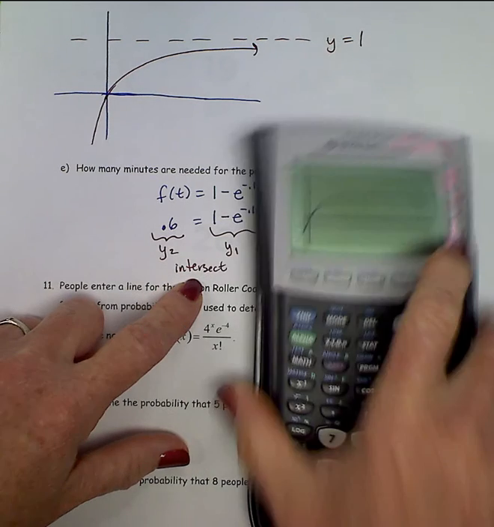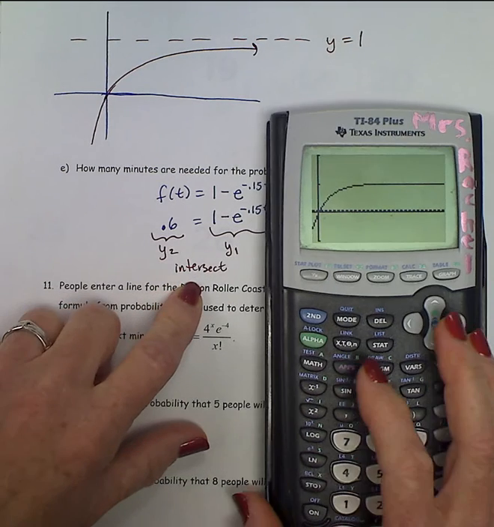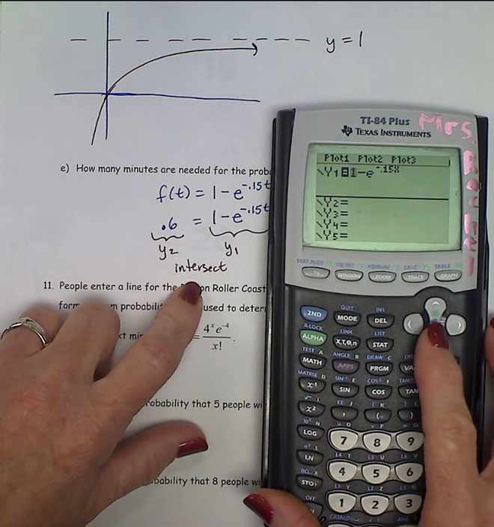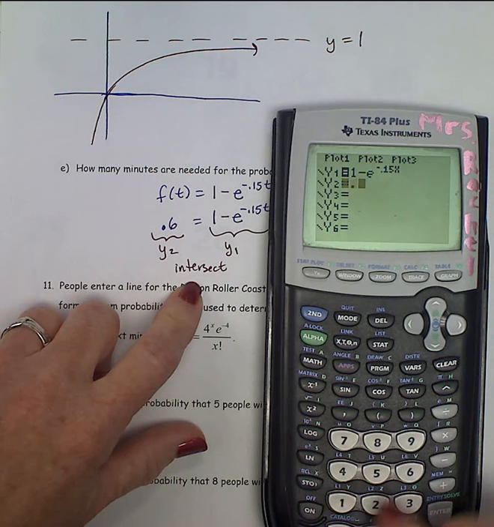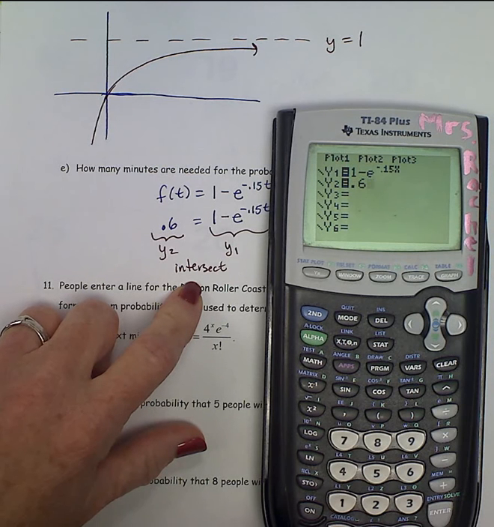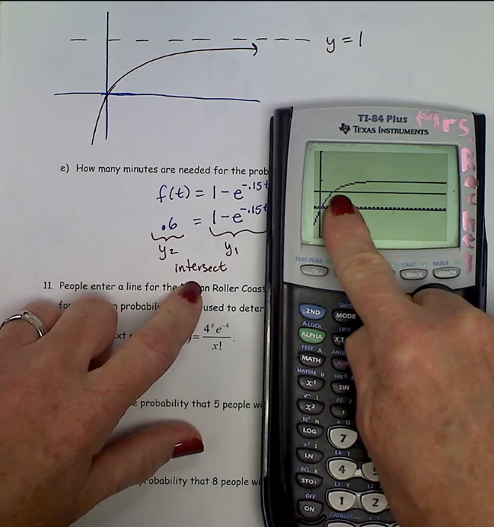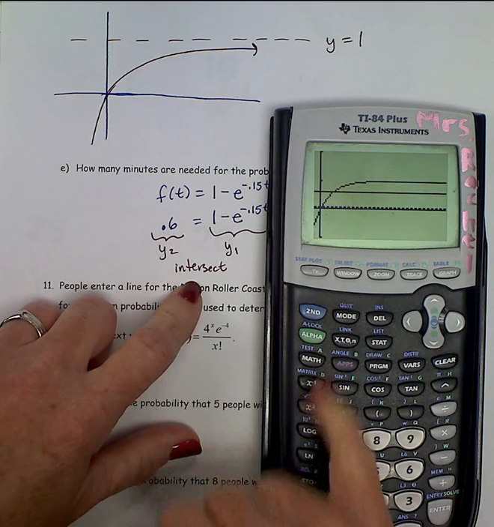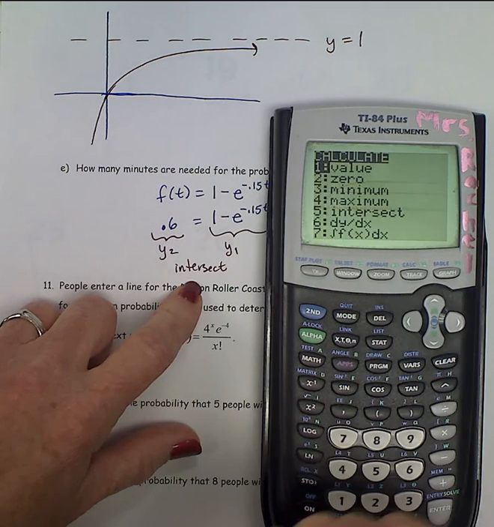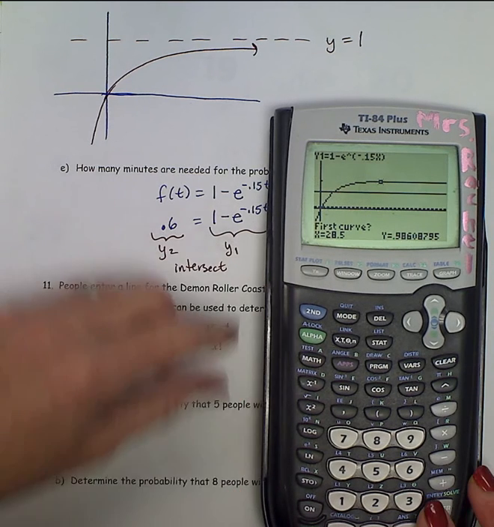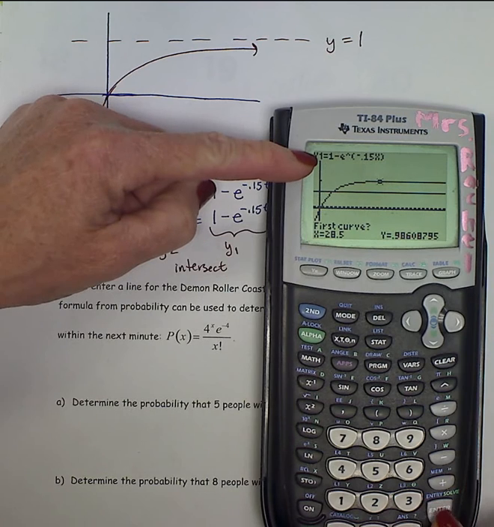So I'll do that with you. y1 is already there. y2, I'm going to put in 0.6. Graph. Intersect. So second, calc, intersect. It asks me for the first curve, which is y1, so I hit enter to say yes.